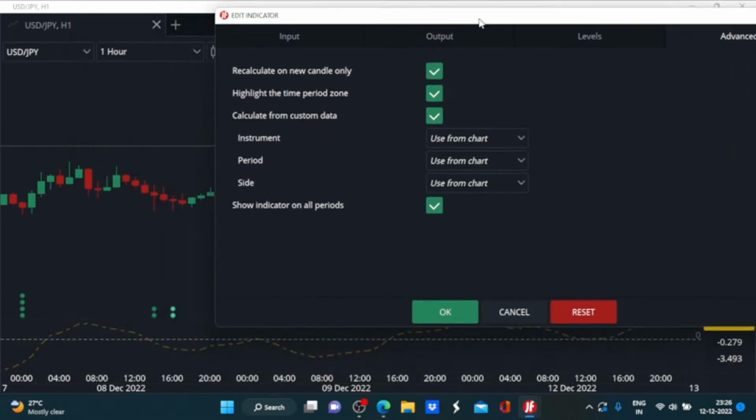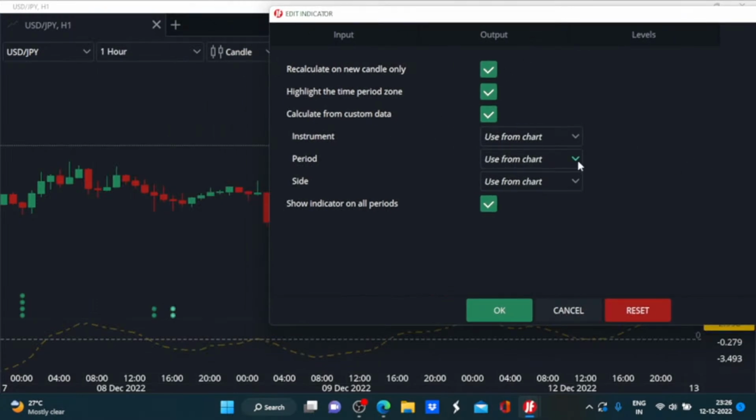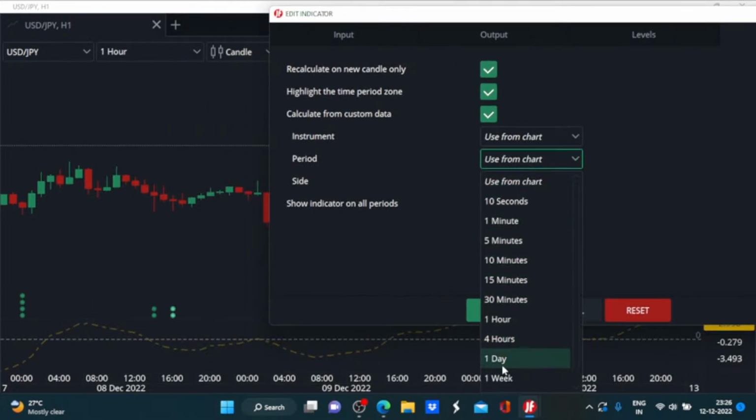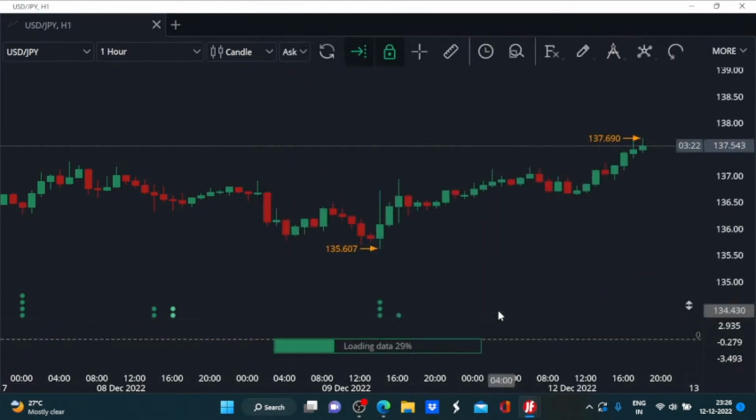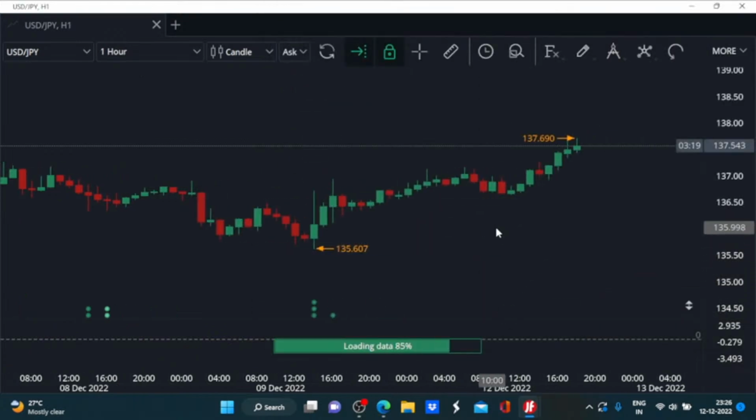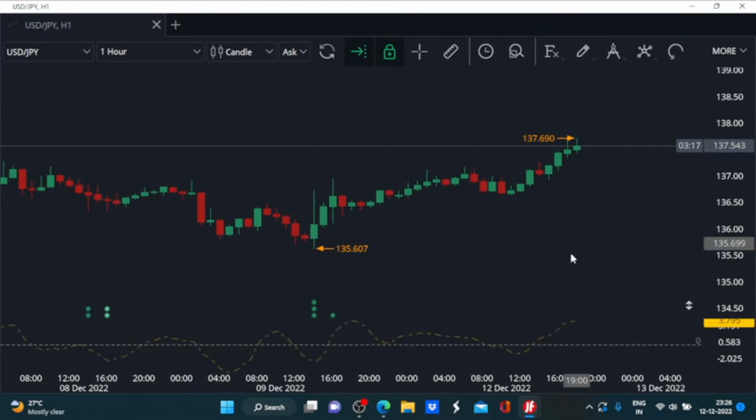Coming to the customization of the parameters, the candle period can also be used from the chart, or you can go for these different candlestick time frames. For example, even though the chart is of hourly candle period, I can go for half an hourly for using the half an hourly candle period for calculation purpose, and this plotting is then going to work independently of what is the chart's candle period.